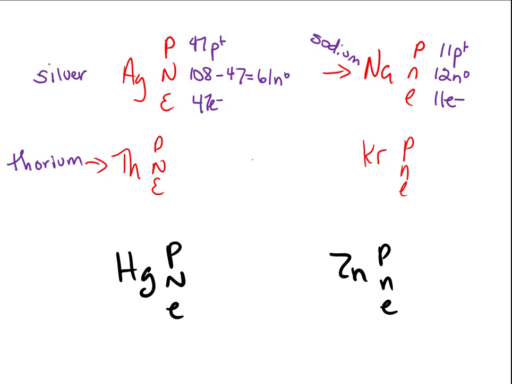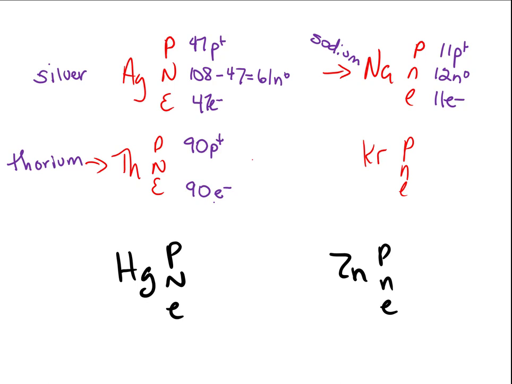How many protons does it have? 90. Find 90. Very last row at the very bottom, 90 protons. That's a lot more than 11 sodium protons. That's a big atom. How many electrons? 90 as well. So 90 protons, 90 electrons.